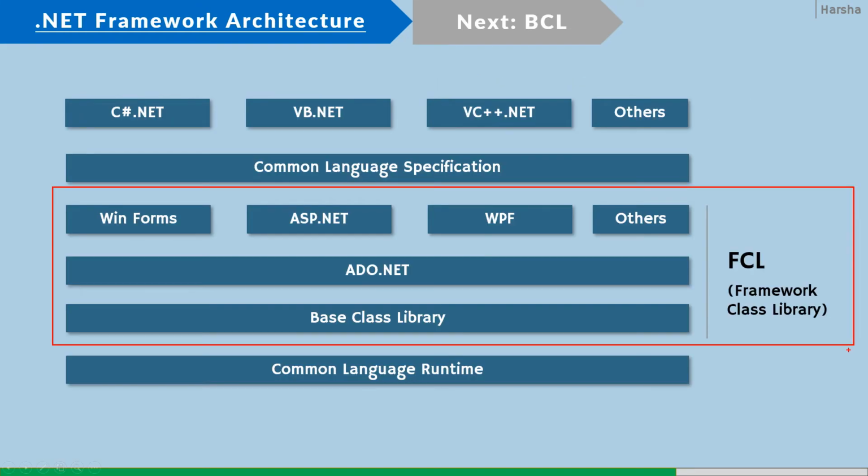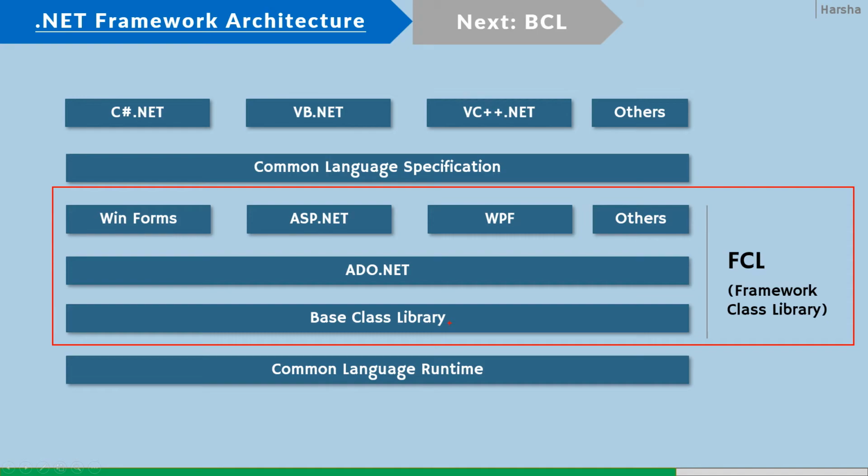So as of now, we have fully understood the FCL, which includes the Base Class Library, ADO.NET, WinForms, ASP.NET, WPF, etc. Just for recollection, the Base Class Library contains predefined classes for general purpose programming which are common for all types of .NET applications.